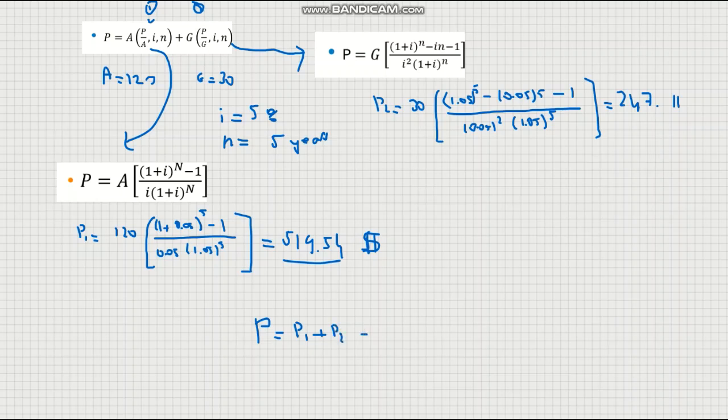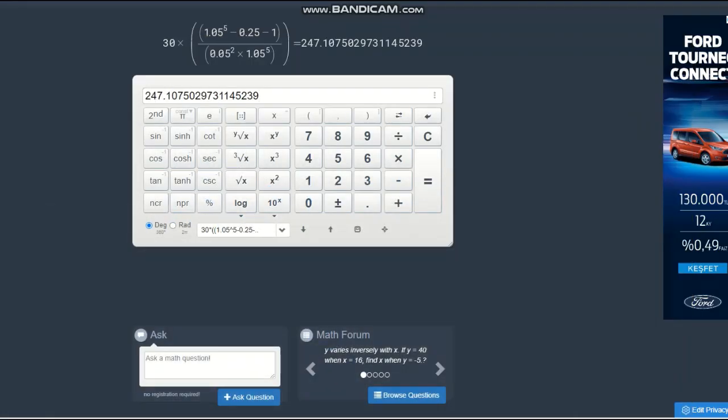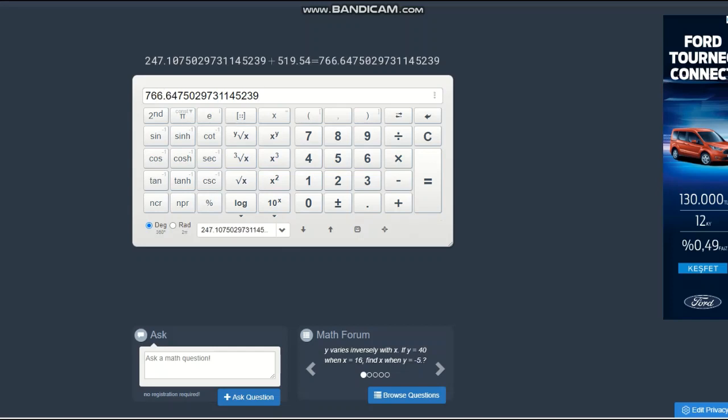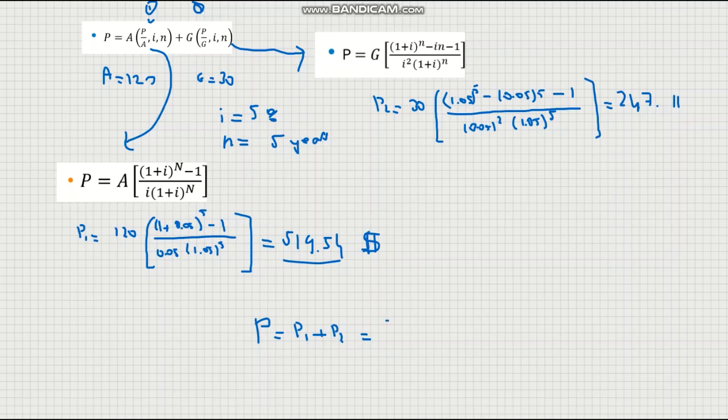So it's gonna be 519.54 added with this one, 247.11, so yeah, 766.65 dollars is our present value.